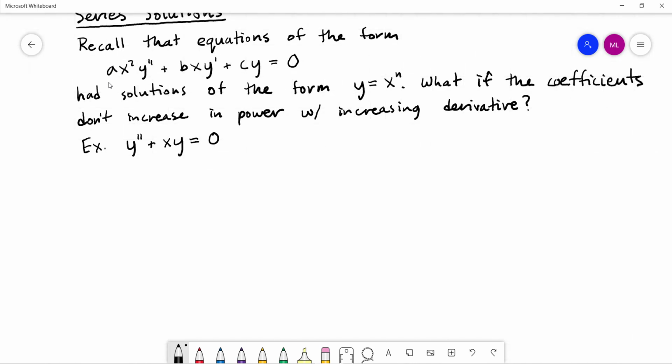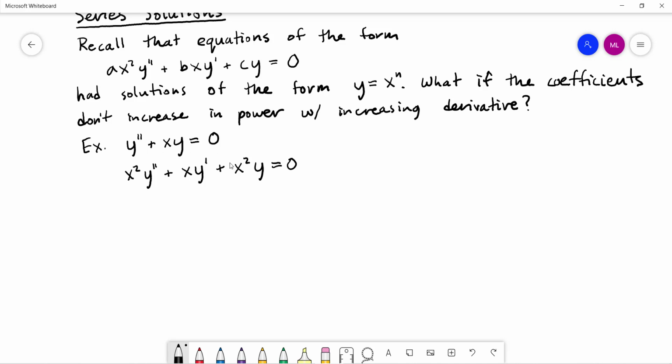Or maybe something more complicated, like x squared y double prime plus x y prime plus some other x squared term again with y equals 0. Notice, again, we're not going to be able to just plug in x to the n and count on the derivatives decreasing the power and the coefficients compensating for that, because the coefficient of this term won't match the coefficients of this one. We aren't going to get quite what we're looking for.